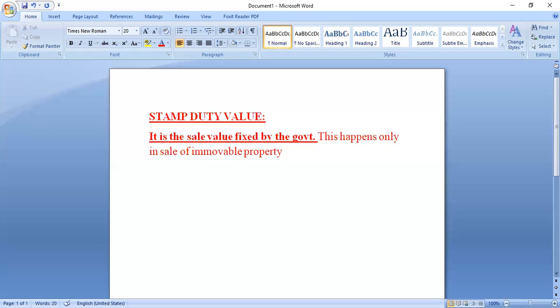Now, how to find out the actual sale value? Suppose in the problem, he has given stamp duty value equal to 10 lakhs, and he has also given the sale consideration, let us say 6 lakhs.